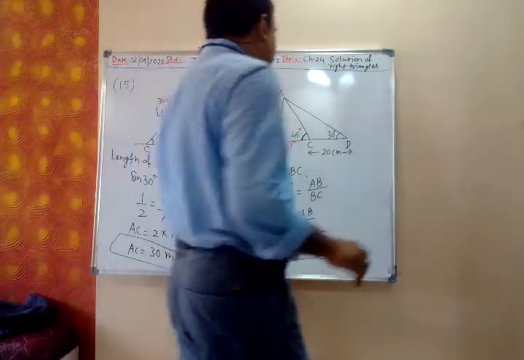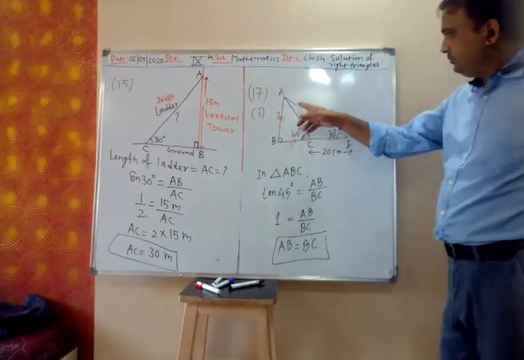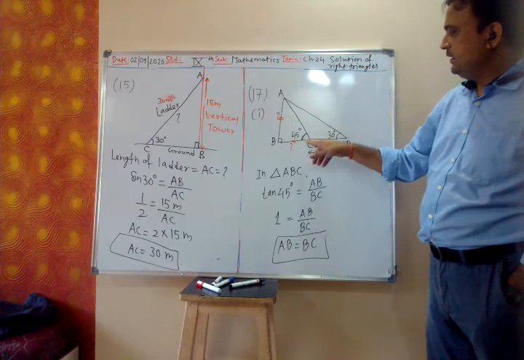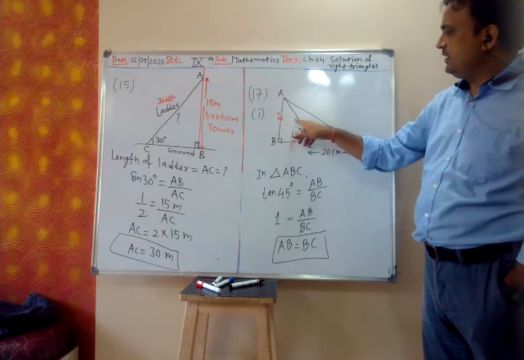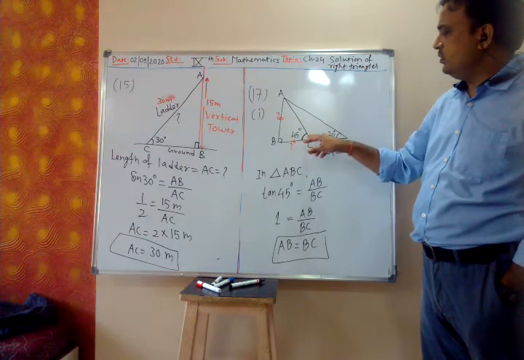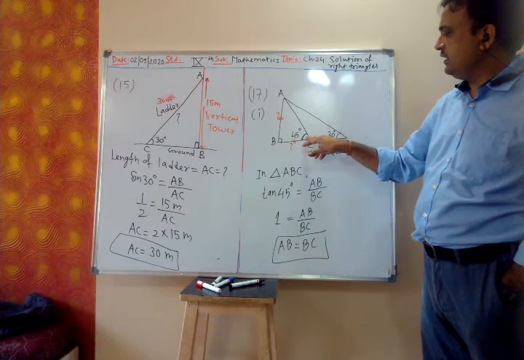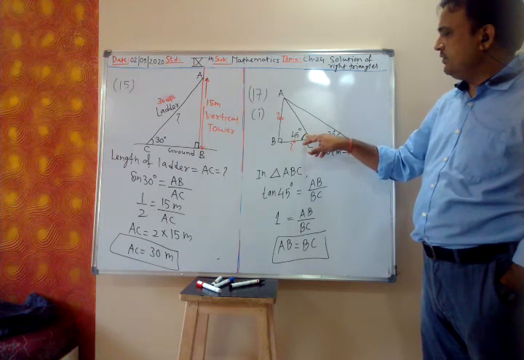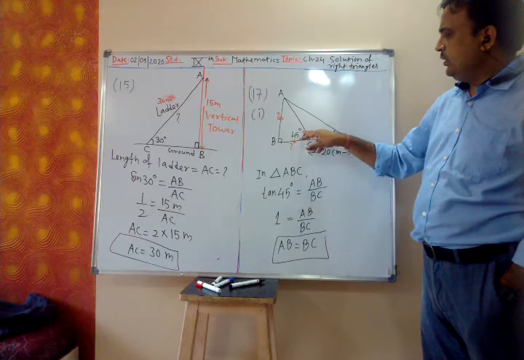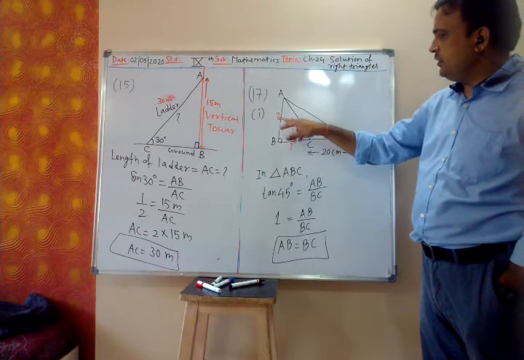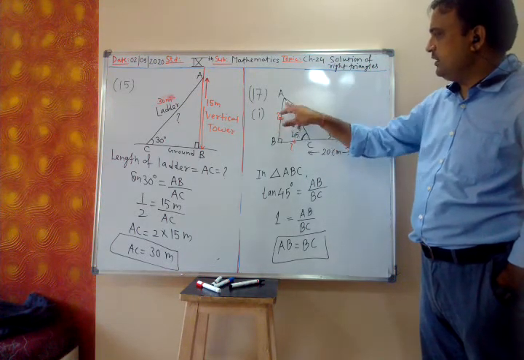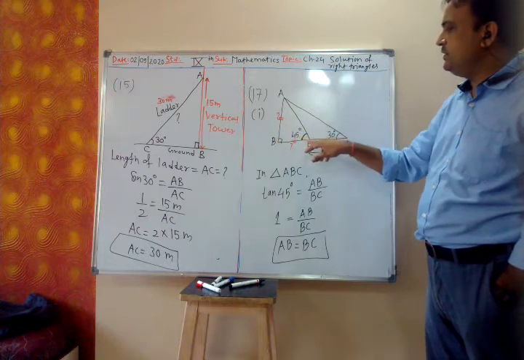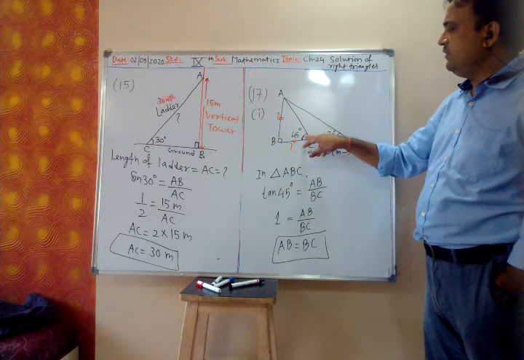Now in this smaller triangle ABC, none of the sides is given. Only we are given reference angle 45. So using this reference angle 45, we consider tan 45 because we want to find AB and BC.